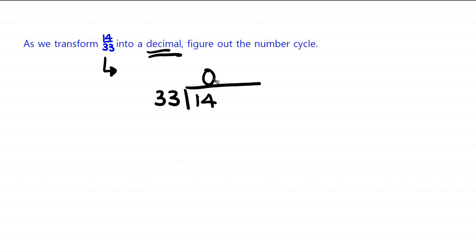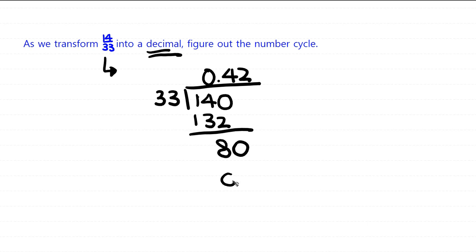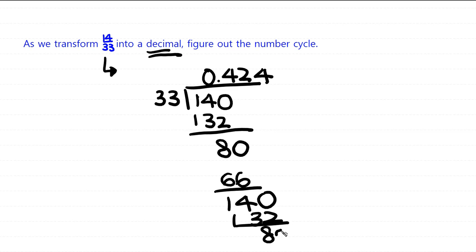So we have 0 point, we add a 0, and we have 4, we end up with 132, 8. We add a 0, we end up with 2, and we have 66. And we again end up with 14, add a 0, and then we also end up with 4, 8, add a 0, and then we also have 2, 66, and it repeats forever.